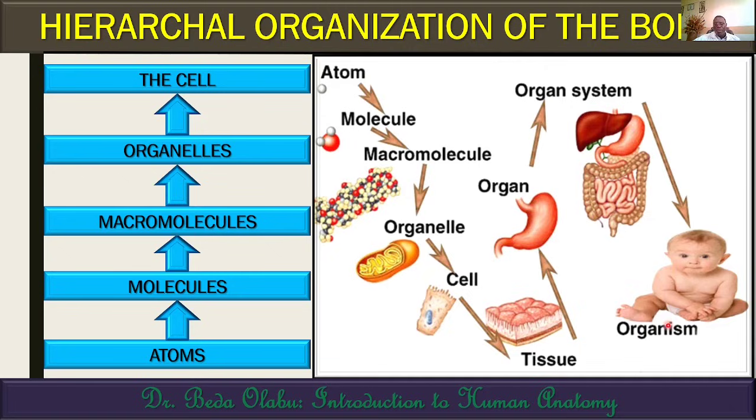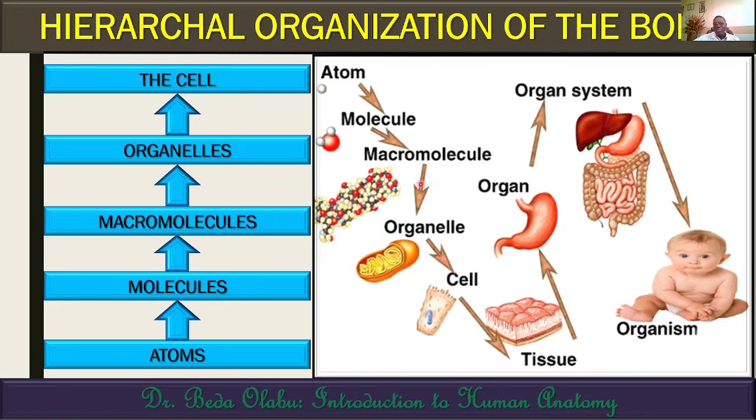And so you and I are examples of this organism, but we are made up of different organ systems. Each organ system is made up of different organs. An organ is made up of multiple tissues. A tissue is made up of many cells. A cell has several organelles.